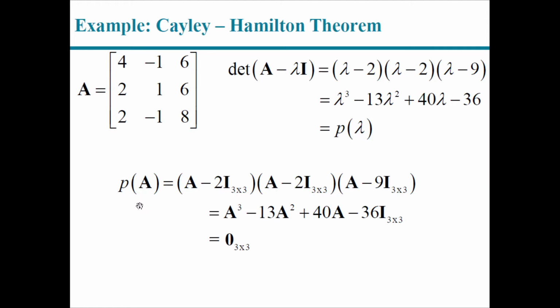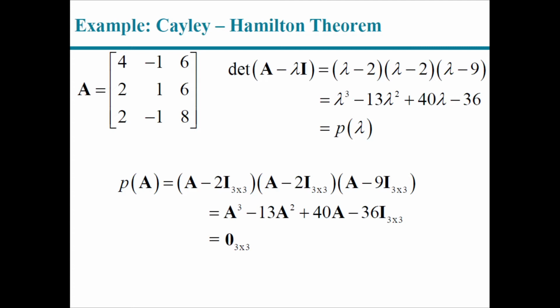If you do that, this is what you get. Just plug in A instead of lambda, and in the last term, instead of just 1, it is the identity. So what the theorem says is that this thing is equal to 0, because this is the characteristic polynomial, and A satisfies the characteristic polynomial.